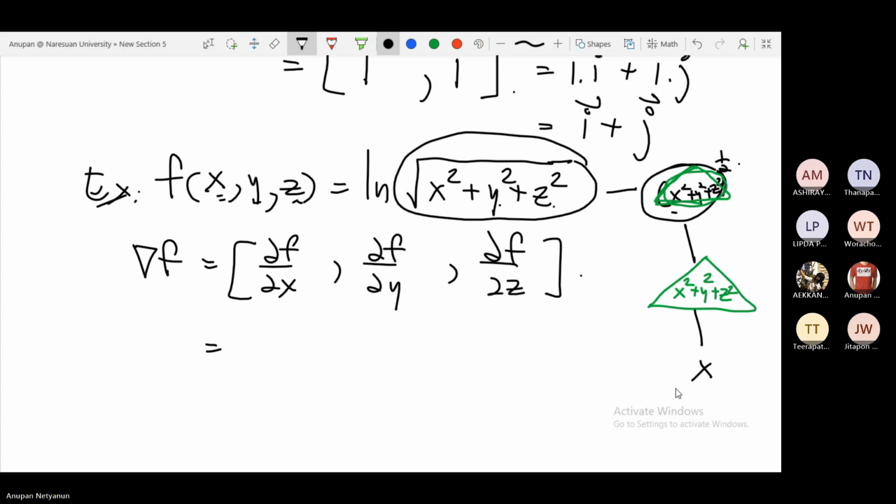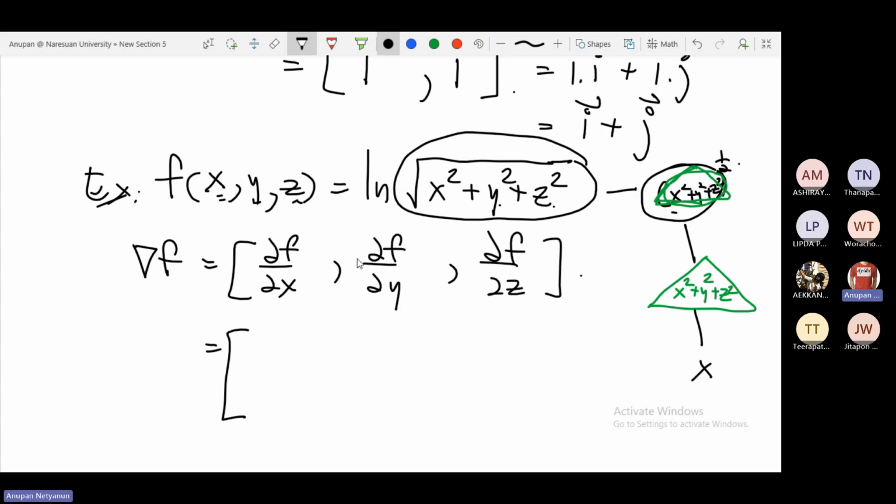So when you take derivative of this with respect to x, you need the chain rule. That is the partial derivative of f with respect to x. So you take the derivative of this ln of circle with respect to the circle first.